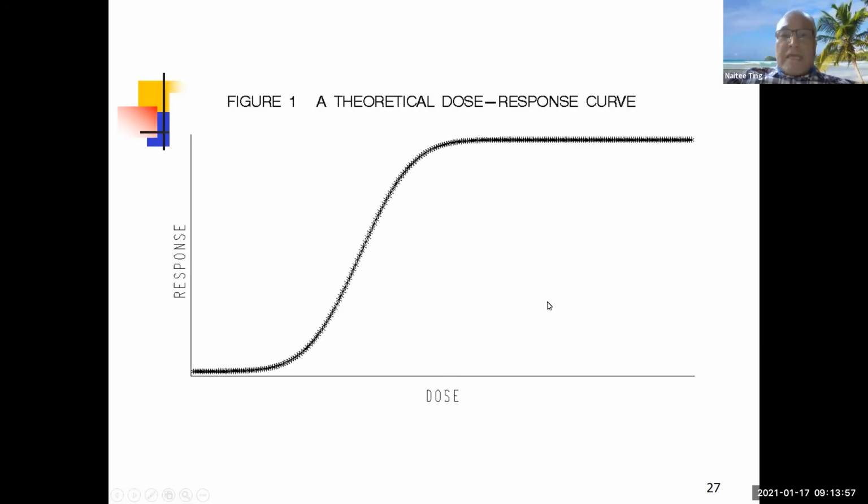But in most cases, we can assume monotonicity. So when dose increases, the response should increase. If you keep increasing the dose and the response does not increase, that means you don't have a drug. Now, if this is an efficacious drug, as we increase the dose, at some point the efficacy should increase.